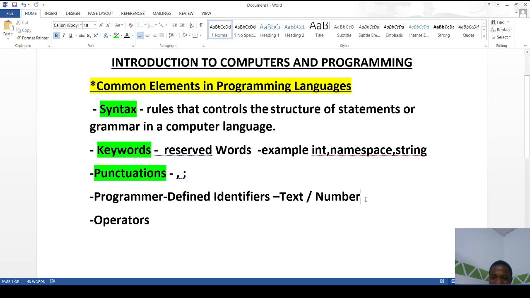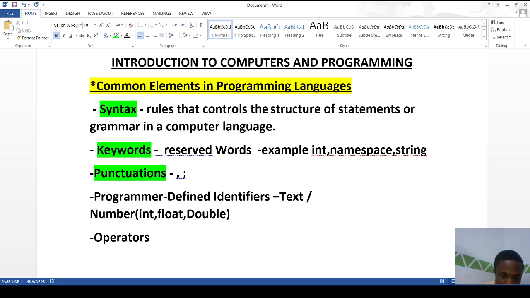Note, anything that is a number in IT could be referred to as either int, float, double, and the rest. As I said, we are not going to detail, we just want you to pick the basic concept.